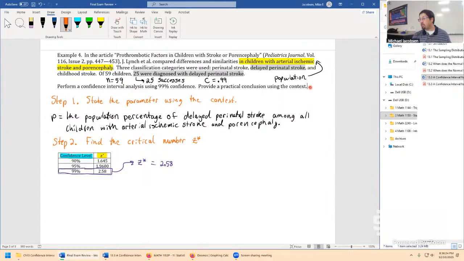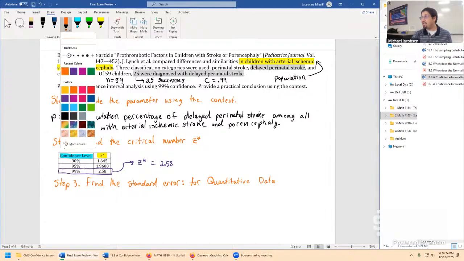Now, after getting your critical number, step 3, again, kind of going in the same order as the last confidence interval problem, step 3 would be to find the standard error, but this is a different standard error. This is for categorical data.